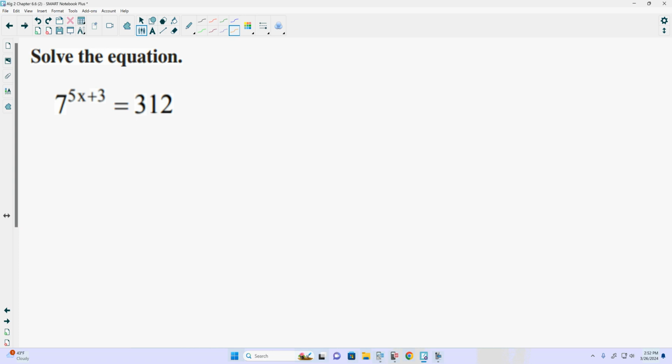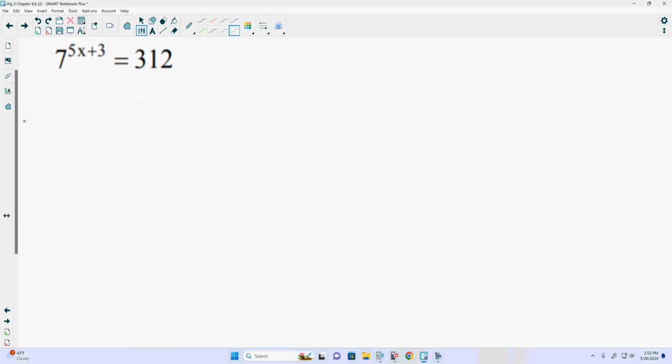7 to the 5x plus 3 equals 312. All right, guys, let's focus in. What would we do first? Log base 7.